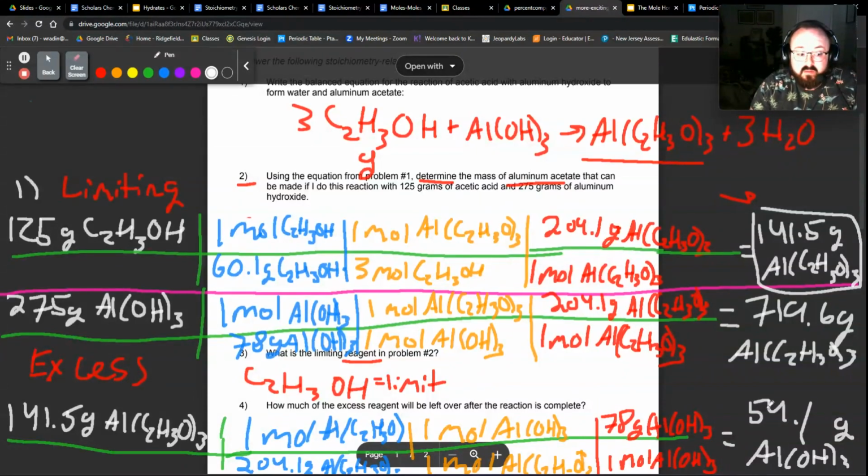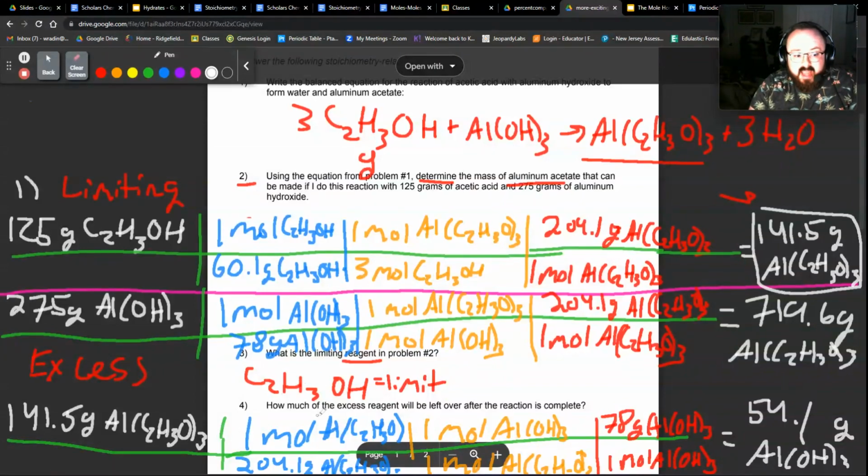This is all I can use up, because after I've used up 54.1 grams of aluminum hydroxide, there's no more of my acetic acid, so the reaction cannot continue.